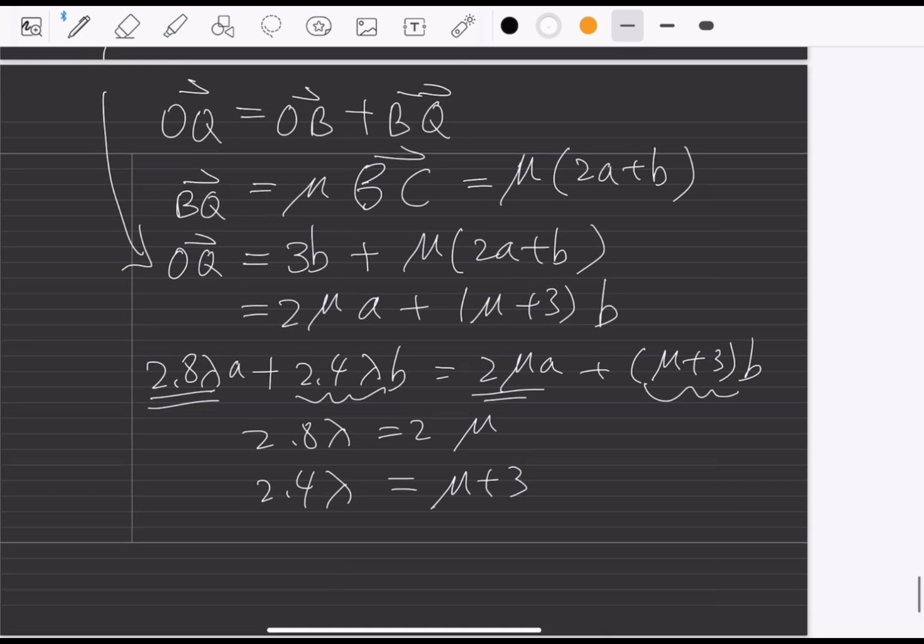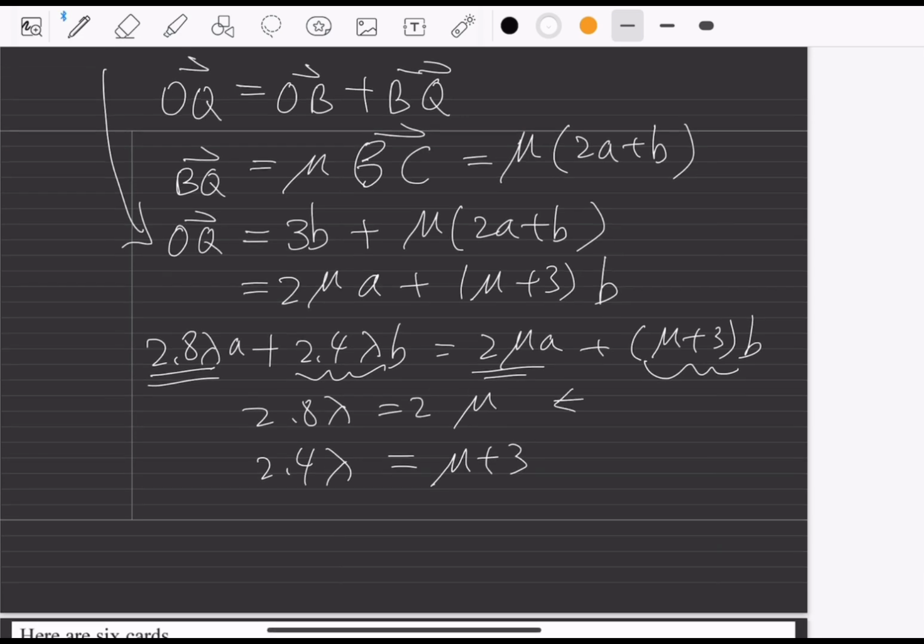Okay, so in the first equation, if we divide both sides by 2, we have mu equals 1.4 lambda. Sub into the second equation, we have 2.4 lambda equals 1.4 lambda plus 3. So we can easily calculate that lambda equals 3.